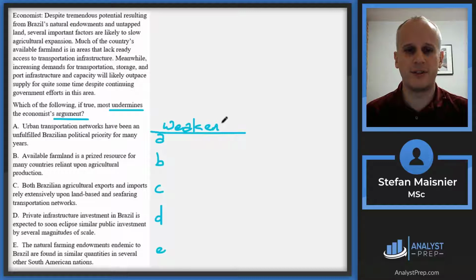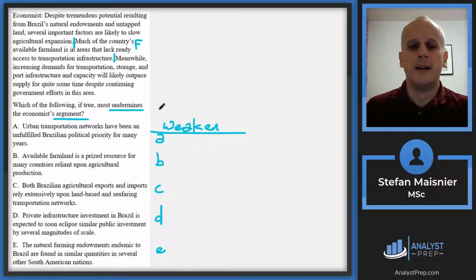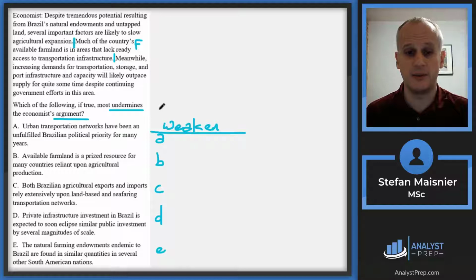So much of the country's available farmland is in areas that lack ready access to transportation infrastructure. So this right here, even though we wouldn't be able to annotate, I know that this is a fact, and we'll just say that's an F. Meanwhile, increasing demands for transportation, storage, and port infrastructure and capacity will likely outpace supply for quite some time, despite continuing government efforts in this area.